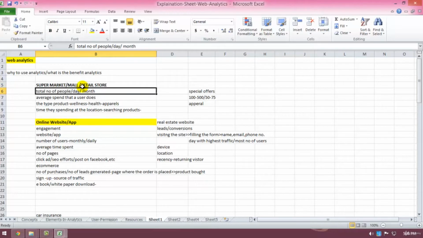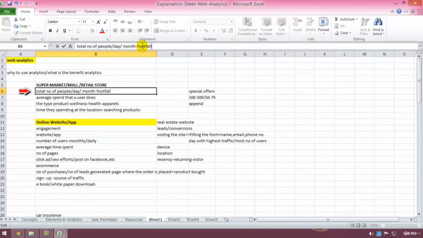For example, you would be required to know the total number of people who are visiting that particular mall or supermarket on a daily, weekly or monthly basis. That is, you would need to know the footfall at that particular mall.